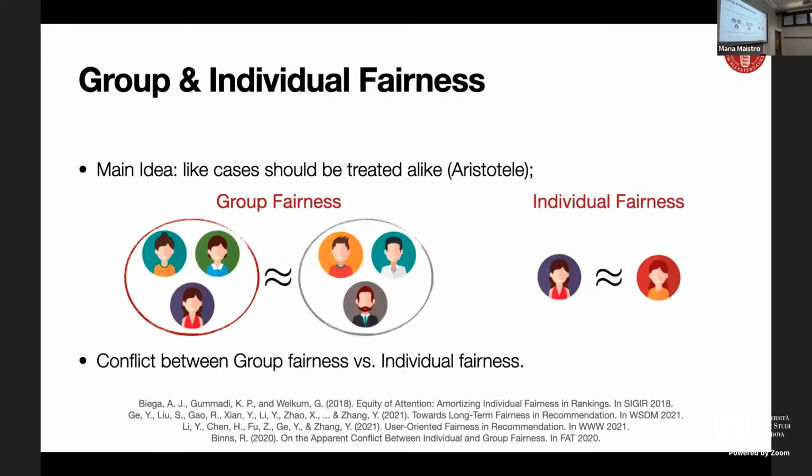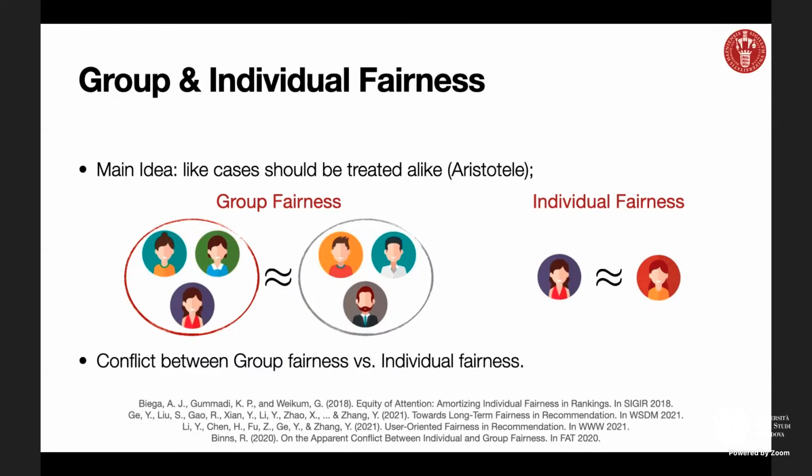And usually in fairness, we have two main distinctions. One is group fairness and the other one is individual fairness. In group fairness, you have two groups. This can be based on gender, race, age, any attribute that makes sense for your problem. The idea is I have users in these two different groups, but I want the system to treat them in the same way.